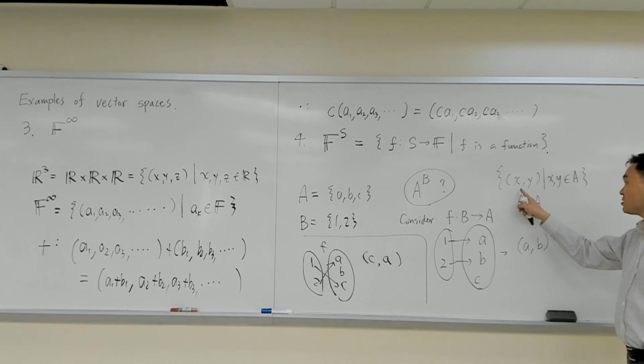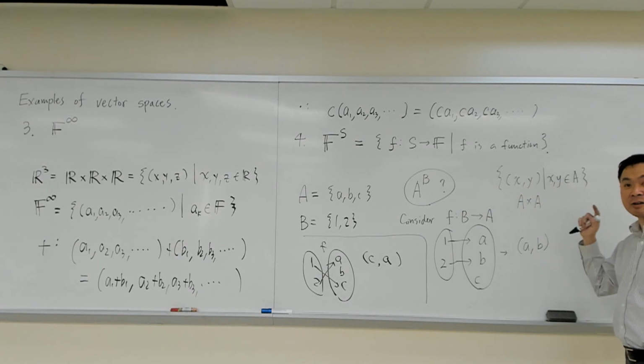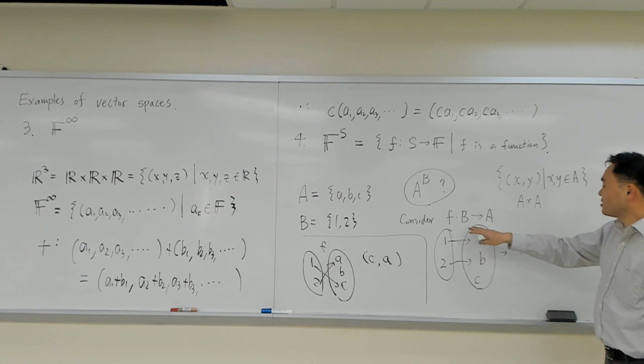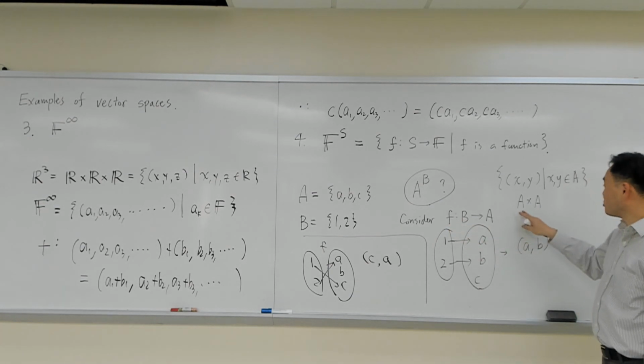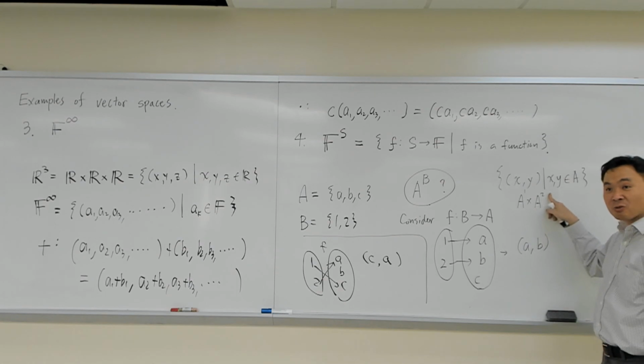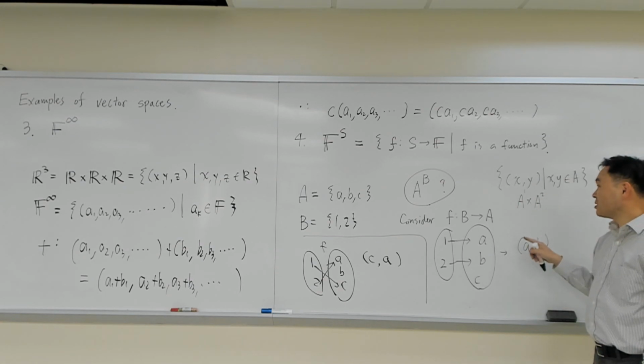Because A cross A is like tuples of elements from A. But we know that it's a bit different from A cross A, because if you have this f itself, you're really putting a parameter here. We're putting 1 as a parameter for this A, and the second one corresponds to the value at 2, right?